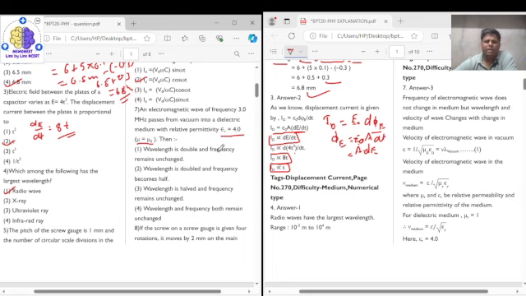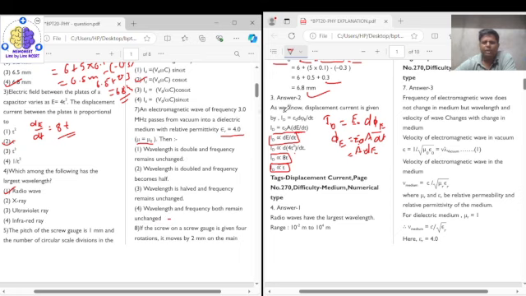Then the options: the wavelength is doubled and the frequency remains unchanged; the wavelength is doubled and the frequency becomes half; the wavelength is halved and the frequency remains unchanged; the wavelength and the frequency both remain unchanged.